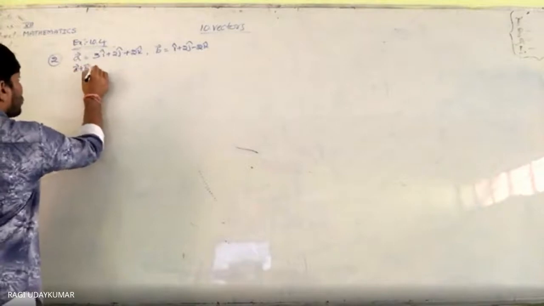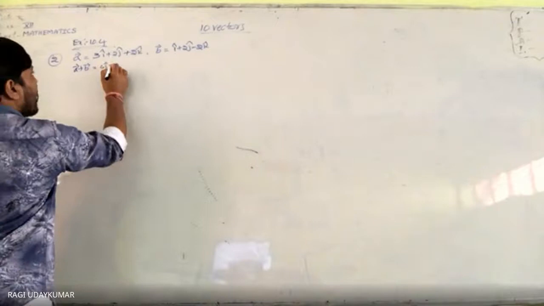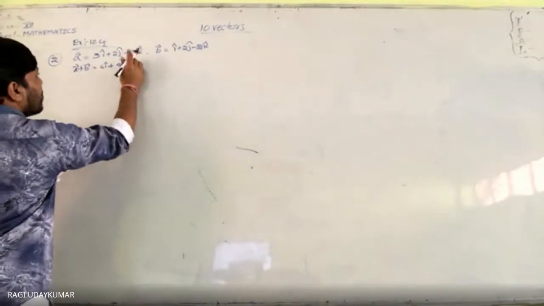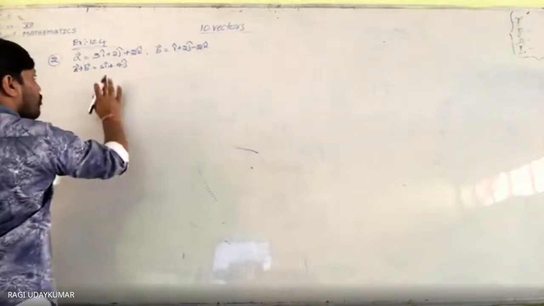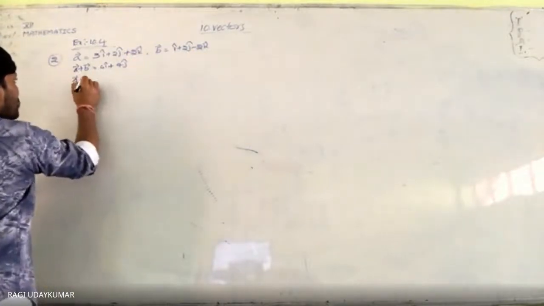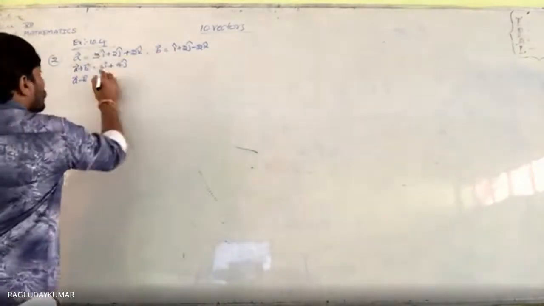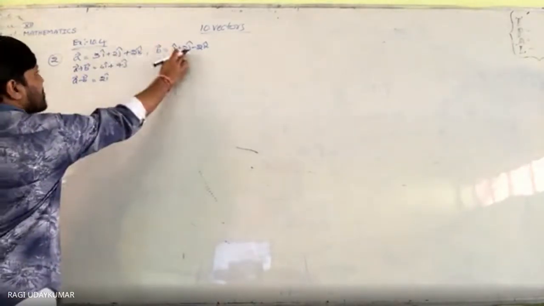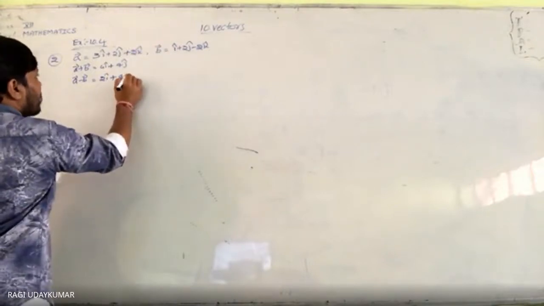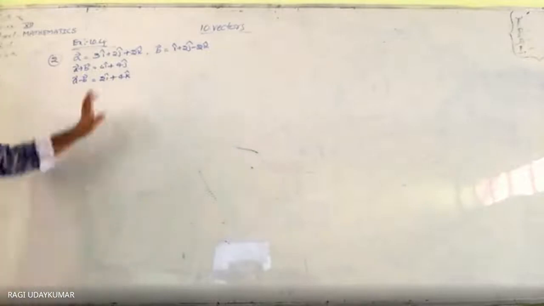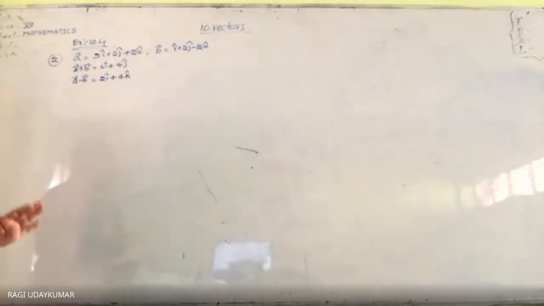The sum of these two is 4i plus 4j, because adding these two gives 0 for the other component. Now a bar minus b bar: this minus this is 2i, this minus this is 0, plus 4k. So these are the two vectors.